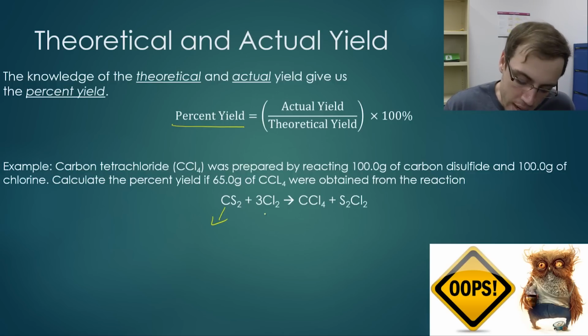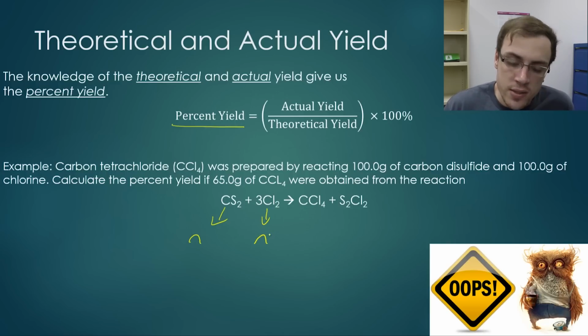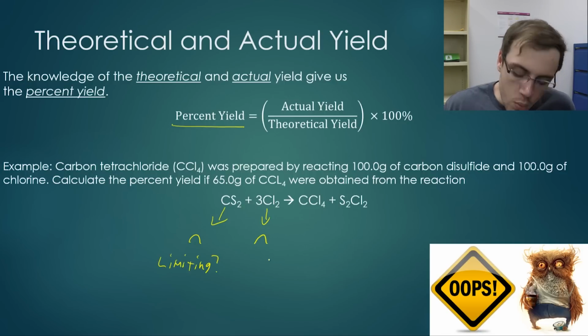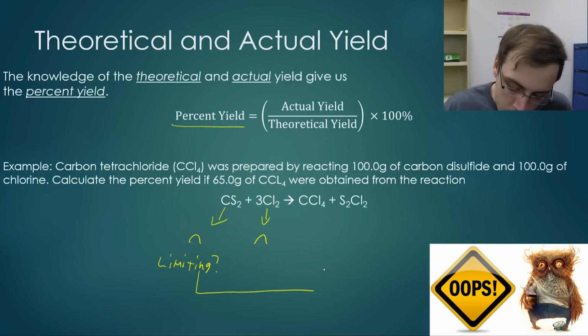We are also given the mass of chlorine. So what we do then is we calculate the moles of each of these and find out which one is the limiting reactant. Once we've found out which one is the limiting reactant, we then use that concentration, and we can use that to tell us the molar concentration of carbon tetrachloride.